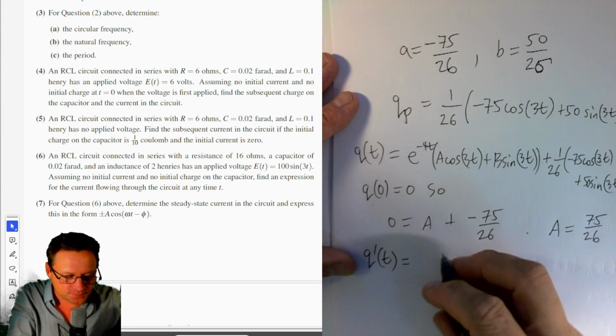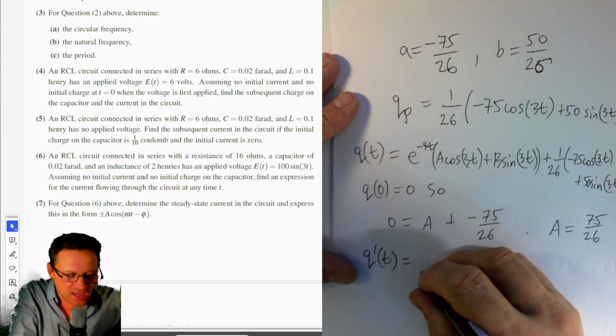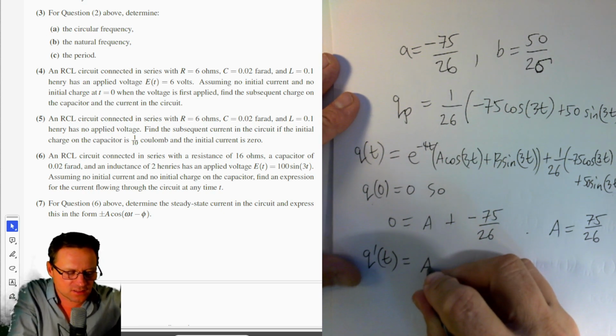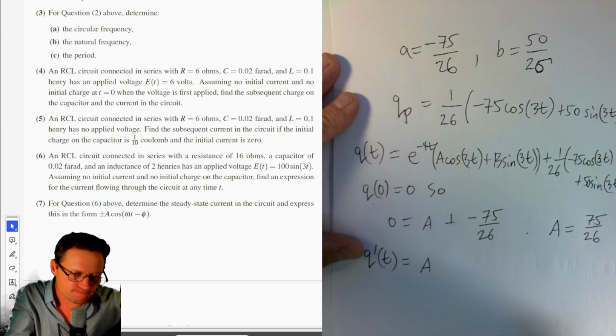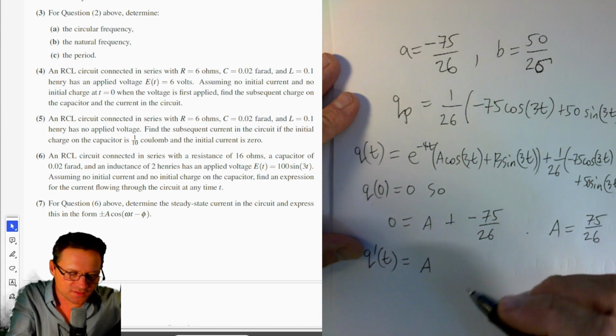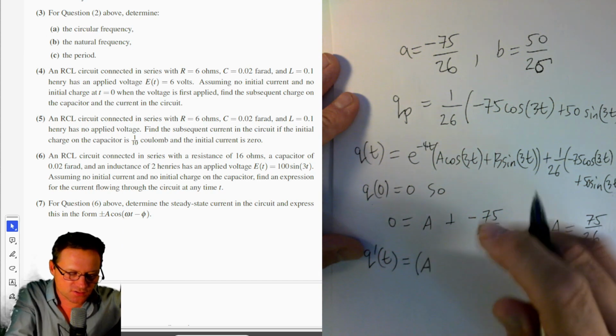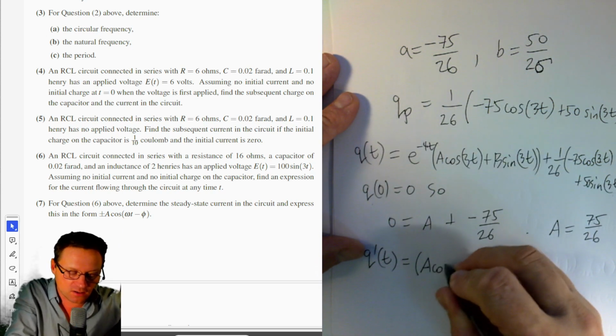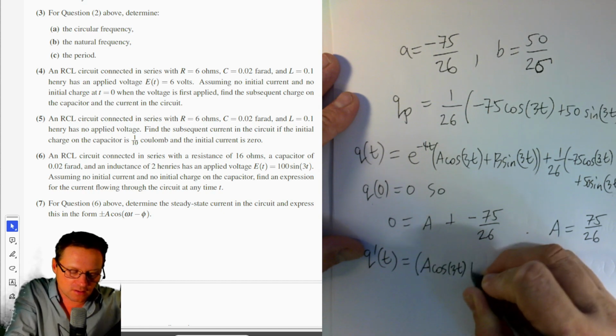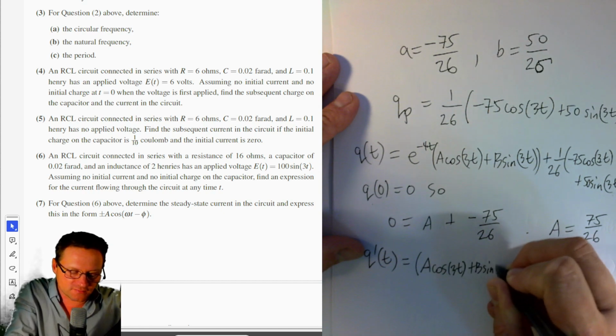Okay, so we have A outside of, well, you know what? This is probably easier if I just use the product rule with this u and this v. So let's try that. So A cos of 3t plus B sine of 3t.